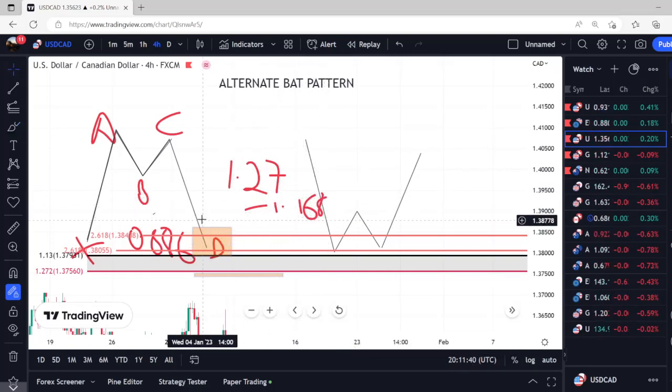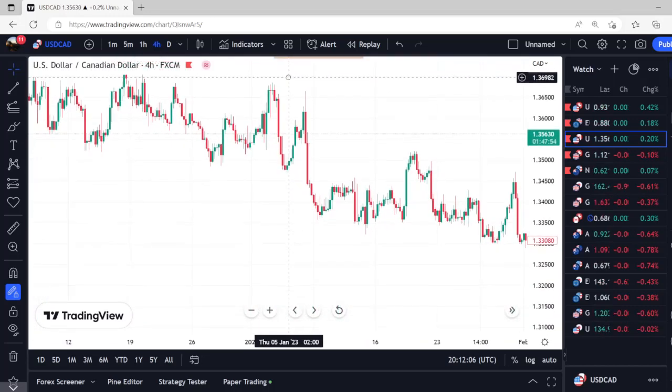These are the numbers that we need. Once all the numbers come together, that is when you can take your trade. So we need three numbers: between 0.886 to 1.13, then our AB equals CD measurement, and our BC leg, which gives us the three measurements that we need. So let's go straight to the chart to have a look at examples.